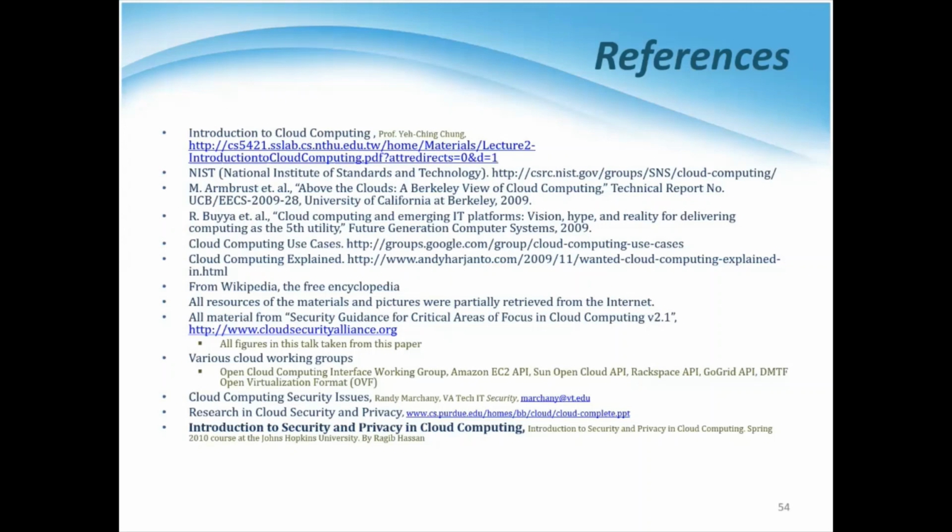This document is easy to understand, covering the concept behind security and privacy in cloud computing. So those are the four, plus Cloud Security Alliance. Apart from that, other references as I gave, we can go for use cases also.